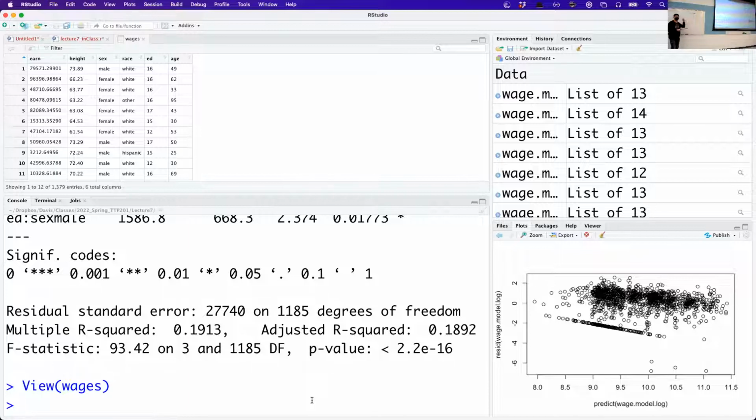And what better way to test the ability of the model to tell us that than to run the model on data that it didn't train on and see how well it does? That's what out of sample validation is. So the basic concept is something like this. You have some what we call training data.